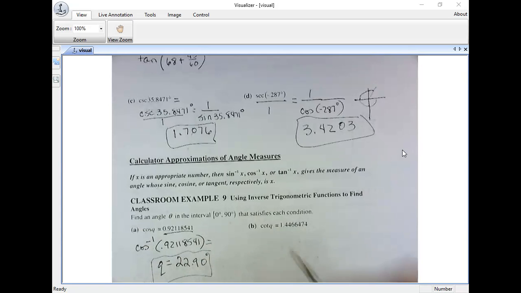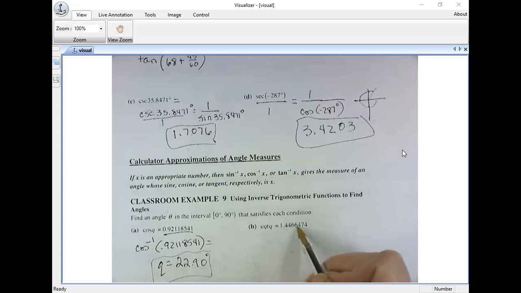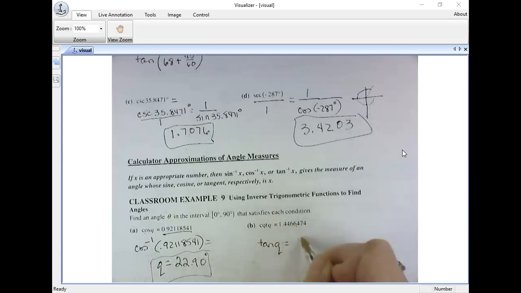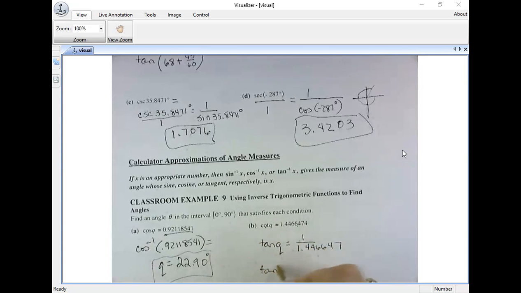Okay, so the cotangent ratio is this. Wouldn't that mean that the tangent ratio would have to be 1 over this? And if that's true, then I should be able to do the arc tangent of and then type it in this way.